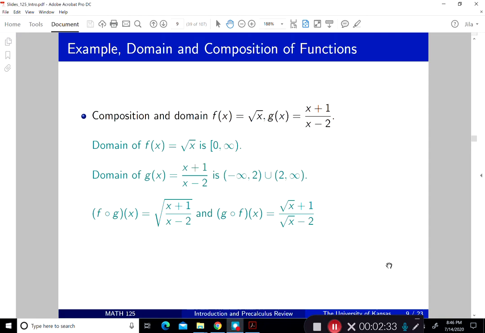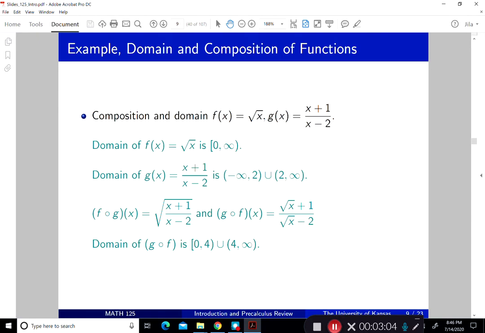Now let's talk about the domain of g of f. The domain of g of f, if you write g of f, you can see that it's basically 2 pieces. First of all, you have to make sure that the domain of the inside function is included.